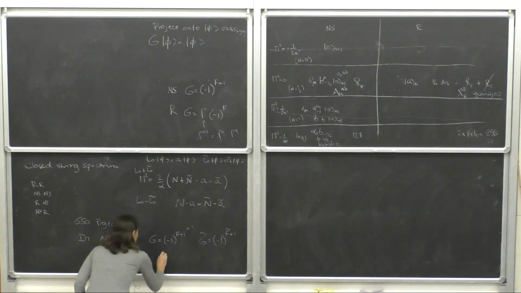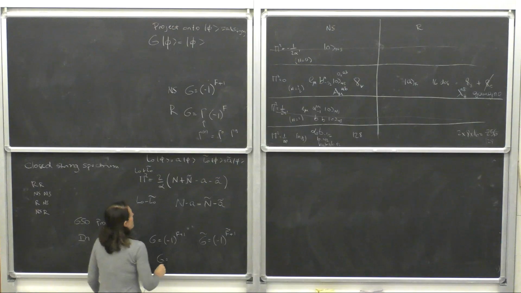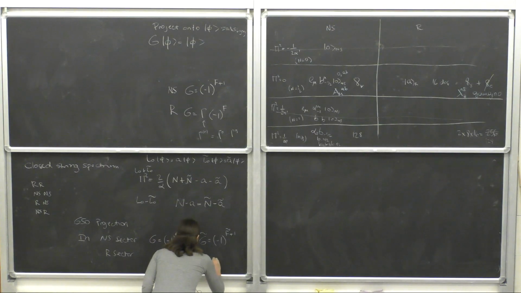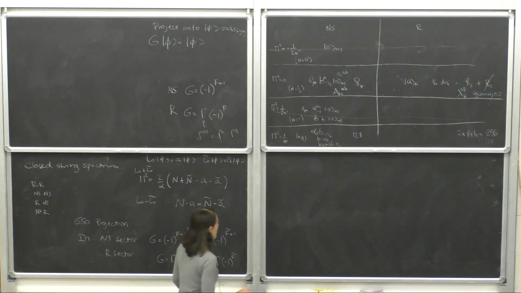In the Ramond sector, I construct it the same way, (-1)^f, and for G tilde, also (-1)^f tilde.